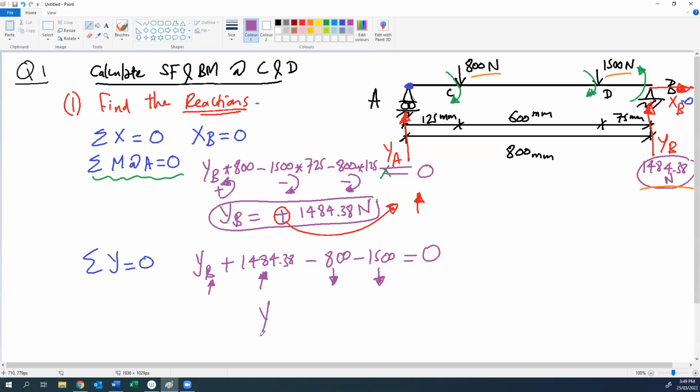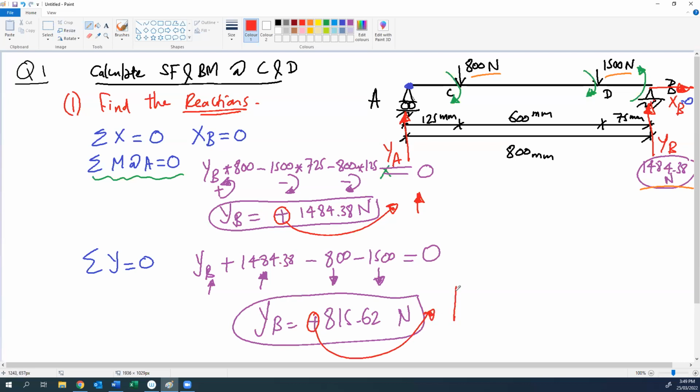From this equation, we find YA equal to 815.63 or 62 newton, and also positive. What does this positive sign mean? It means that YA is also going up. So YA is 815.62 newton.